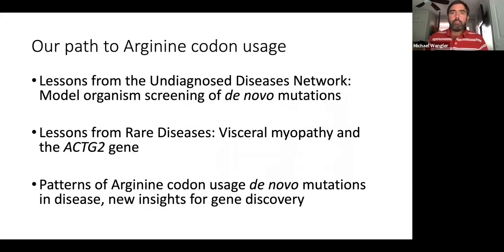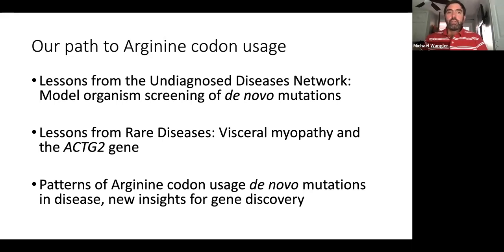So I just want to tell you the story a little bit of how we got to the arginine codon usage ideas for the paper, and then I'll go panel by panel in the paper and explain what we were thinking, and then I'll be sure to leave time for questions.